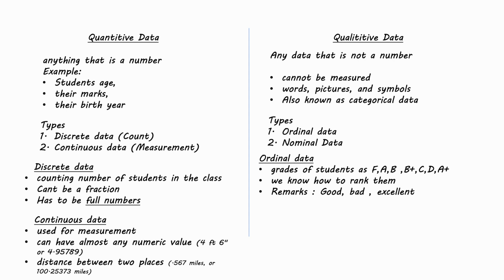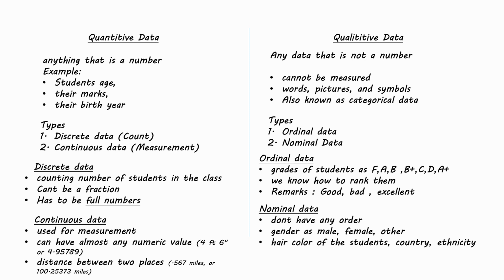The other kind of qualitative data is nominal data. This is when we absolutely don't have any order. Let's say we have gender as male, female, other, or the hair color of the students, country, their ethnicity. These are just data with different categories, and there's no possible way to rank them from highest to lowest.